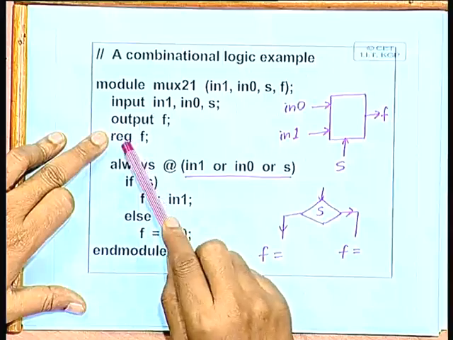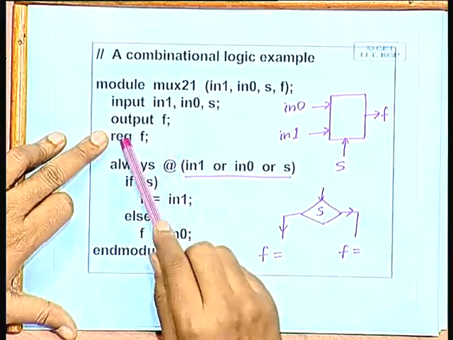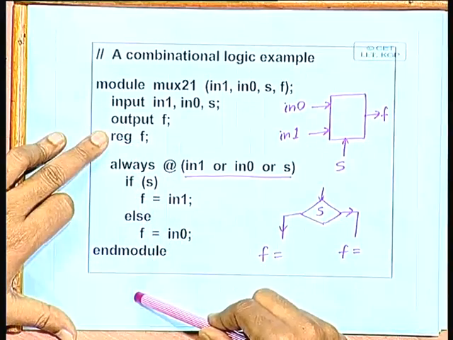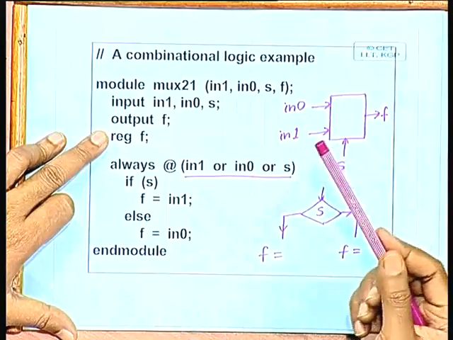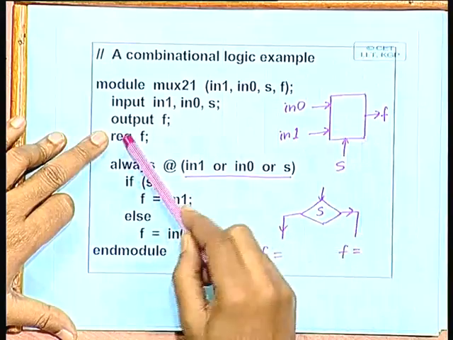See, whenever you declare a reg, the synthesizer has an option: you can synthesize it as a register if required, or if you see that it does not require storage really, you can also map it into a wire. Some kind of optimization. So, reg does not always imply that you are generating a register. Okay, fine. So, this is an example where you are synthesizing a combinational logic.